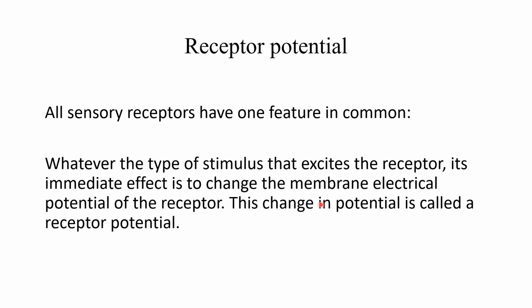It's important to remember, as we said before, that receptor potential is a graded potential, not an action potential. So remember the differences between the graded potential and the action potential as in the following slides.